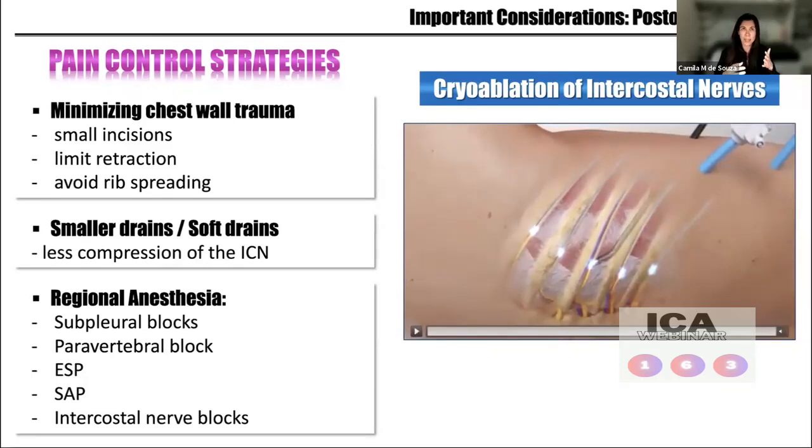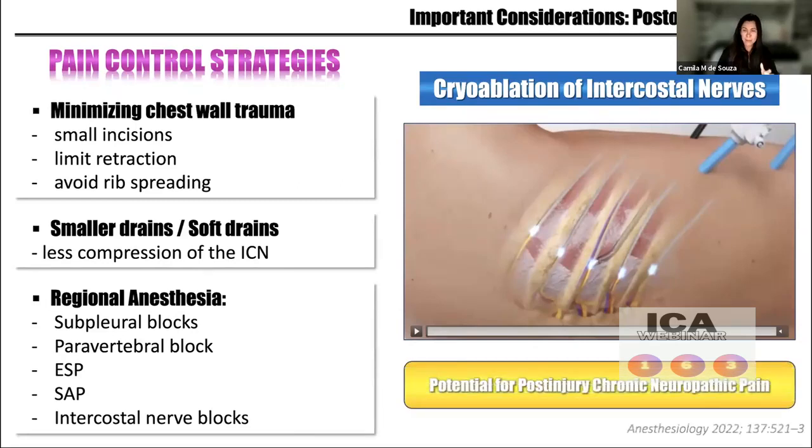This may take anywhere between a couple of weeks to months. In the meantime, that area innervated by the nerves that were frozen remains numb, and that's where the benefit of analgesia comes from. The main risk here is to create chronic neuropathic pain.